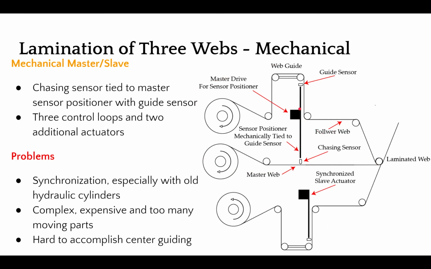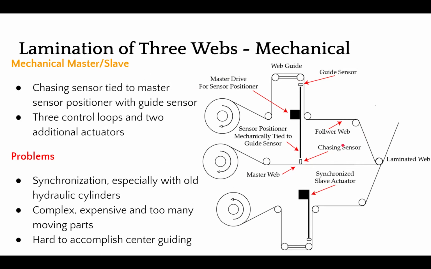So you have a linear positioner, and the loop is closed based on the chasing sensor's feedback. That moves the linear positioner in and out of the screen. That moves the guide sensor on the top web so that the guide point is adjusted.